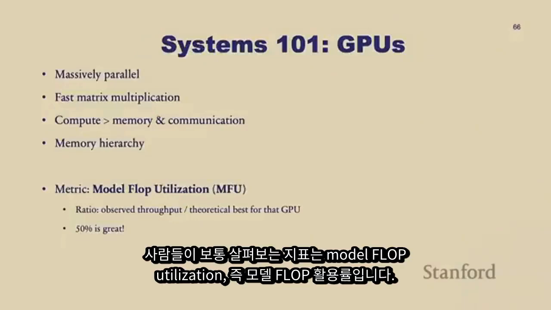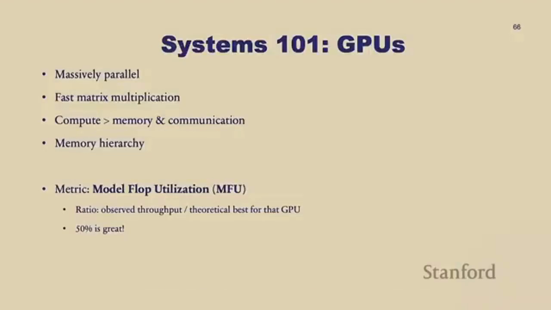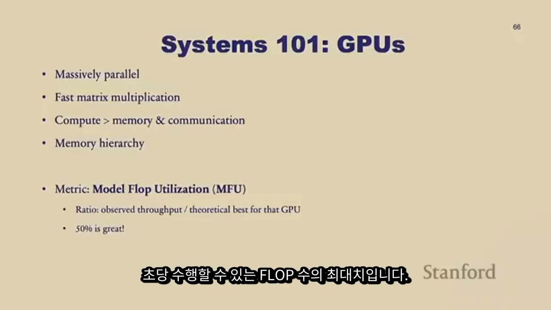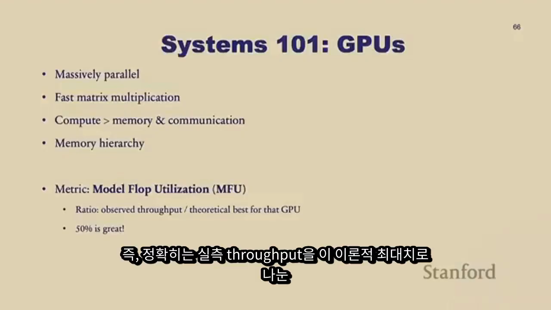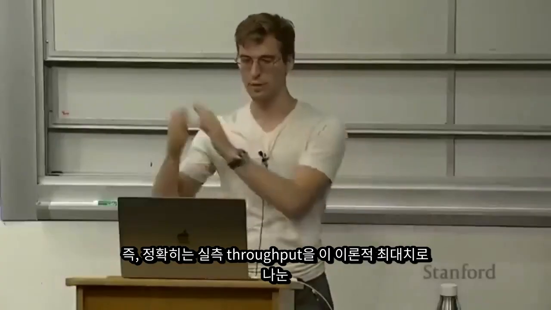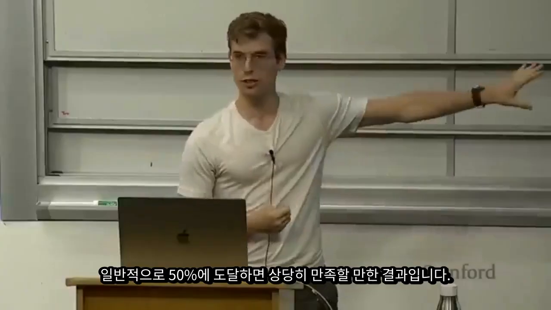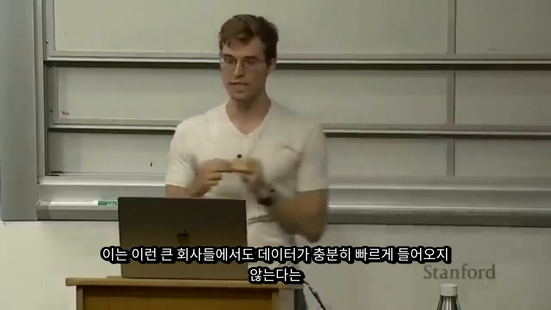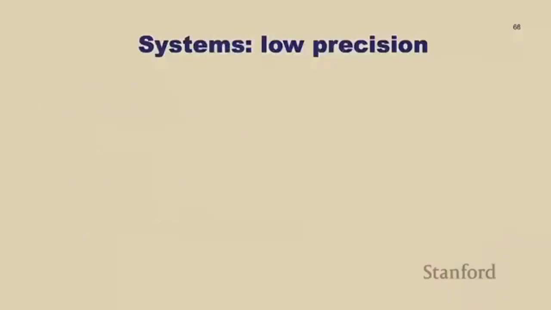The metric people usually look at is model flop utilization: the theoretical maximum number of flops per second that the GPU could run at, versus the observed throughput divided by this theoretical maximum. In general, if you reach 50%, you're very happy. Facebook's Llama was at around 45%. That means data doesn't come fast enough, even for these big companies.